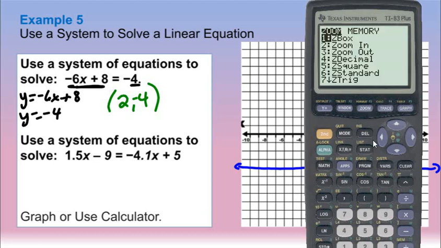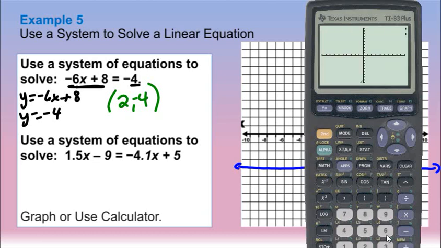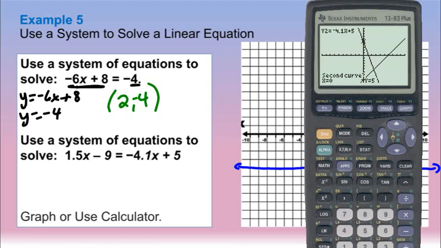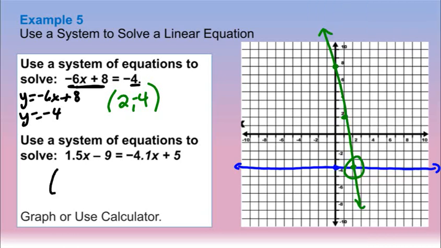And then zoom, number 6. There's one equation, there's the other. We want to find out where they meet. So I hit second, trace, number 5 for intersect, hit enter 3 times, and it tells us 2.5 and negative 5.25. So 2.5 and negative 5.25 would be our solution.